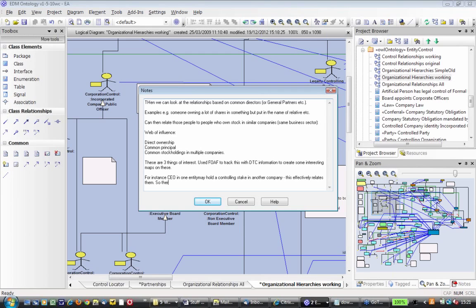I'm talking about voting equity, presumably, in another company. Yep. This effectively relates them. Wow. So we've got relationships across the kinds of relationship that we've teased out the differences between. Right. And when you start to look at the reasons why companies collapse, this becomes very, very important. Right.